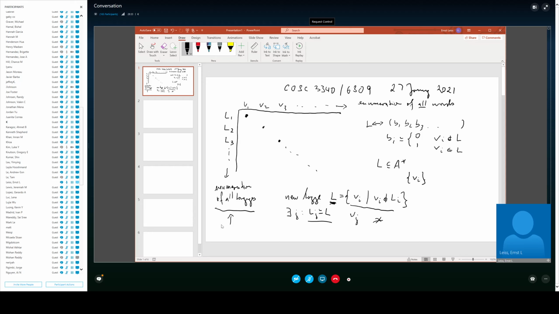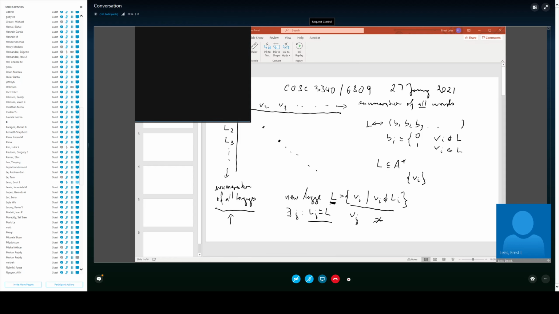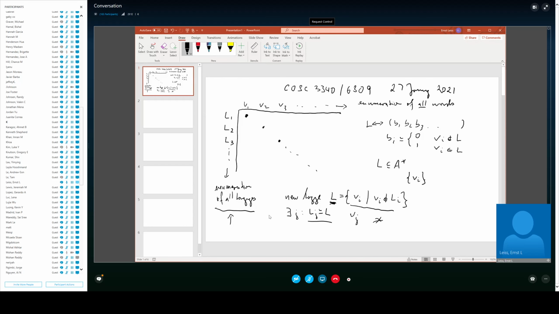Any description is a finite string over a particular alphabet, and that means that every description of a language is a finite string over a specific alphabet, and that means that all the languages that can be described are only countably infinite.